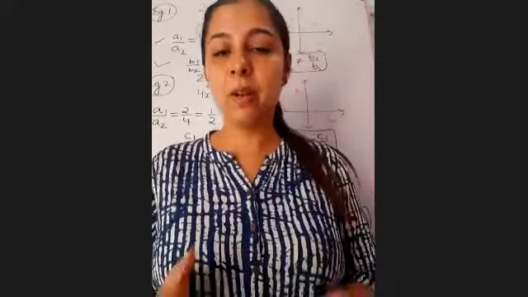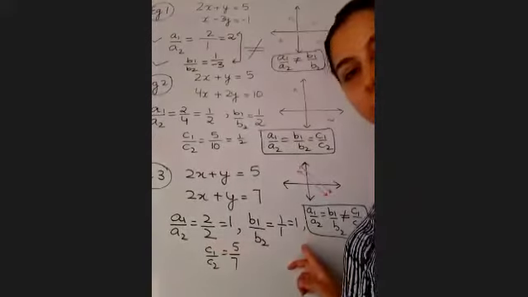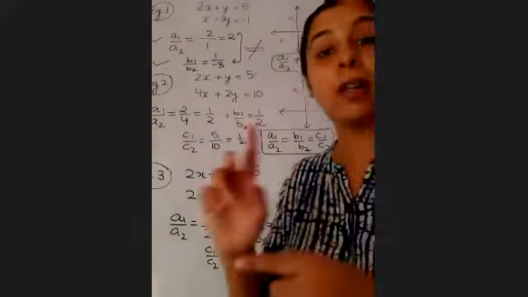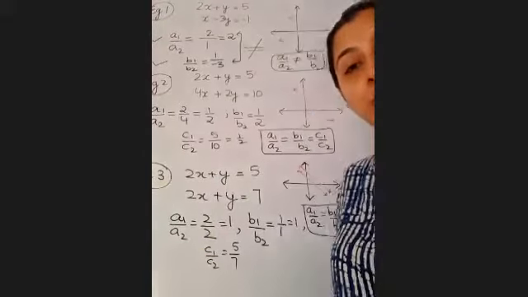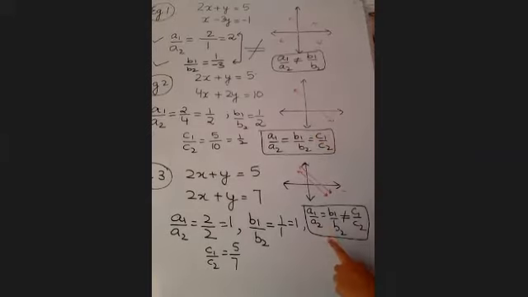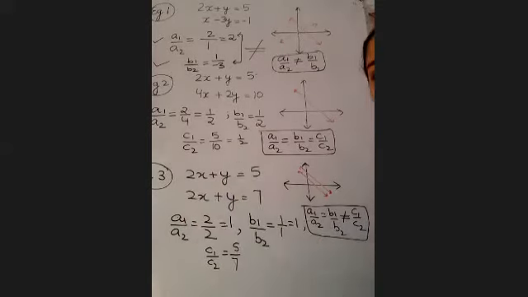But if we can check the ratios A1, A2, B1, B2, C1, C2 before plotting the graph, we will know that if A1 by A2 is equal to B1 by B2 but not equal to C1 by C2, then the lines will be parallel and we will not get any solution.